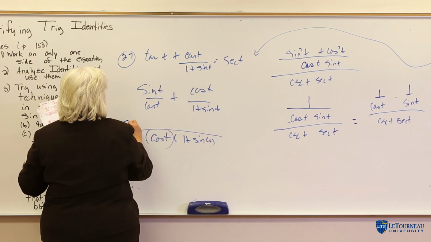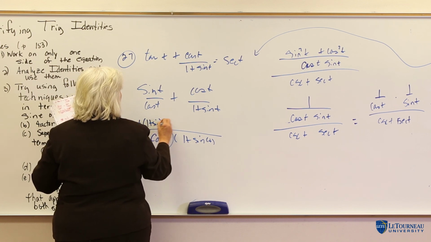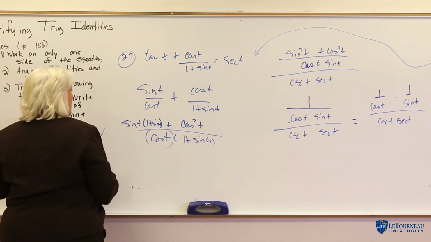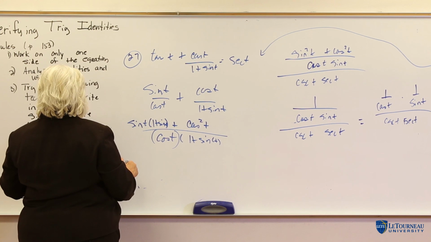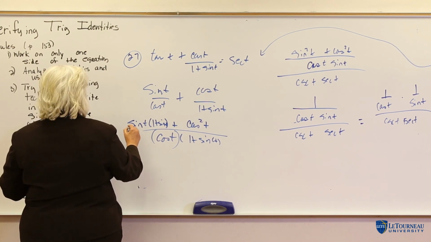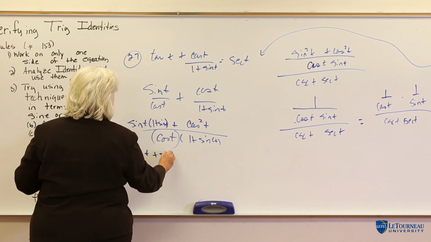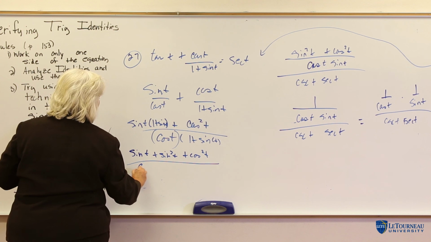So that's going to give me sine t times 1 plus sine t plus cosine squared t. If I go ahead and multiply this out, do you see I'm going to have sine t plus sine squared t plus cosine squared t all over that.